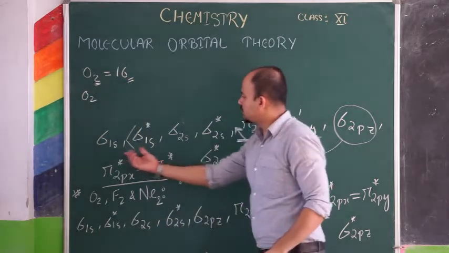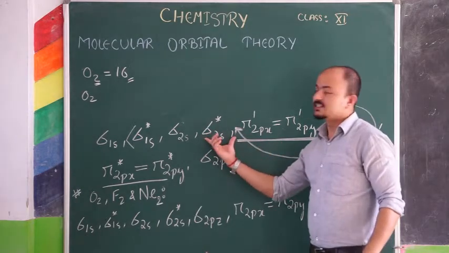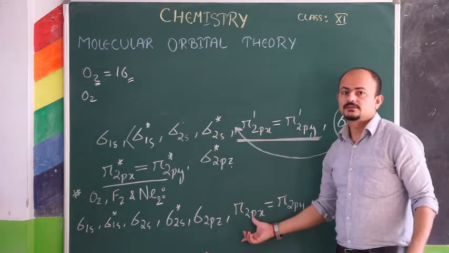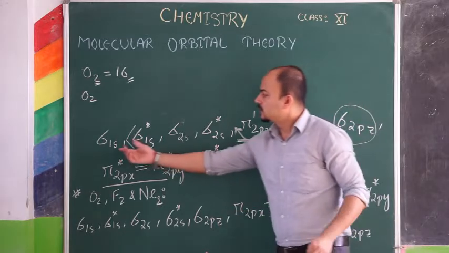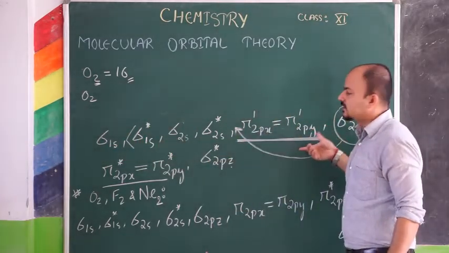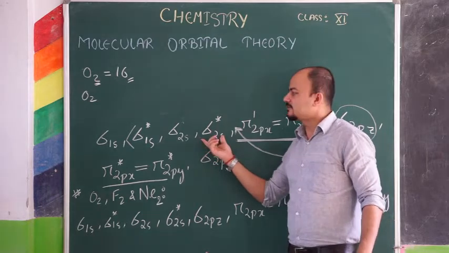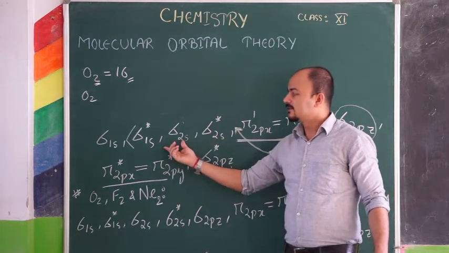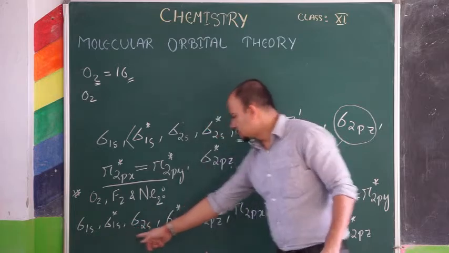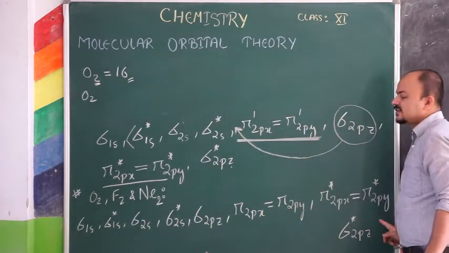If you want to fill these 16 electrons, will you take this sequence of energy orbitals or this sequence? Please don't be confused. If you fill these 16 electrons in the upper sequence, it will be wrong. That is not for oxygen. For oxygen, fluorine and neon, you have to fill the electrons in this sequence.